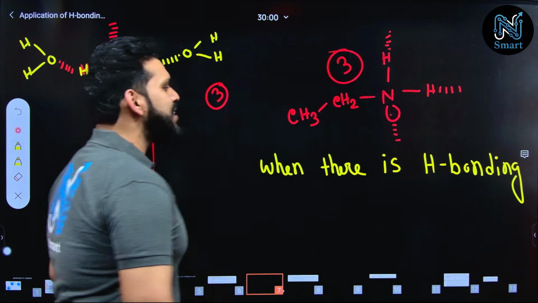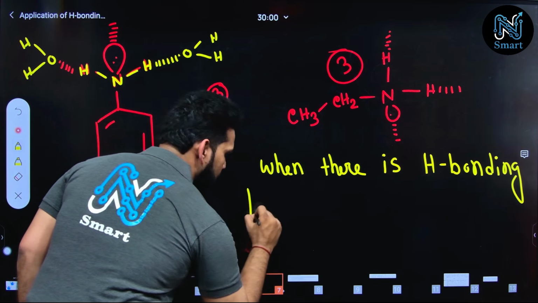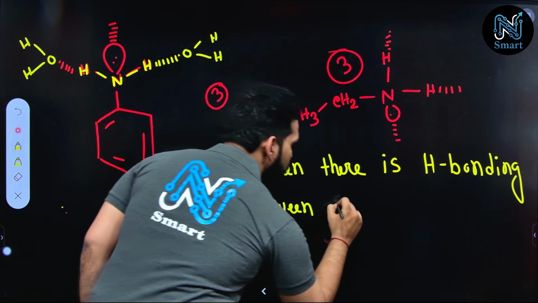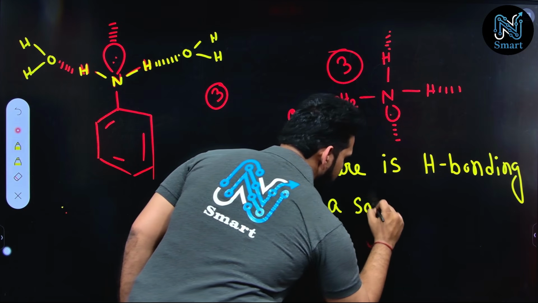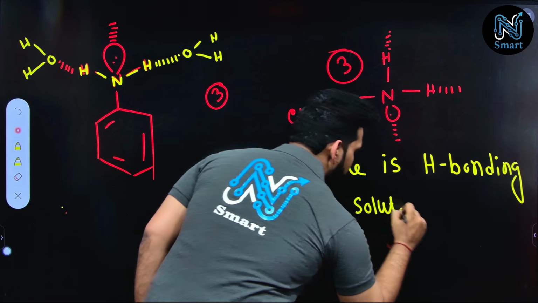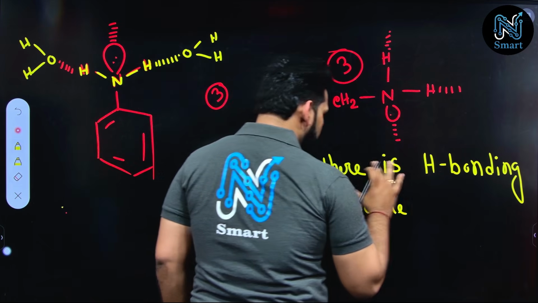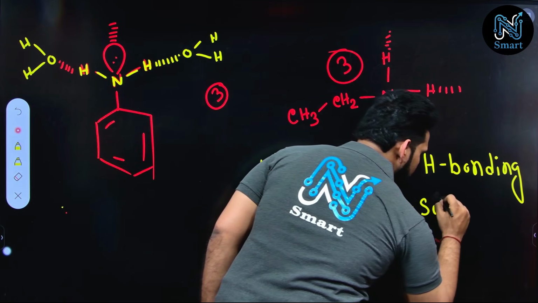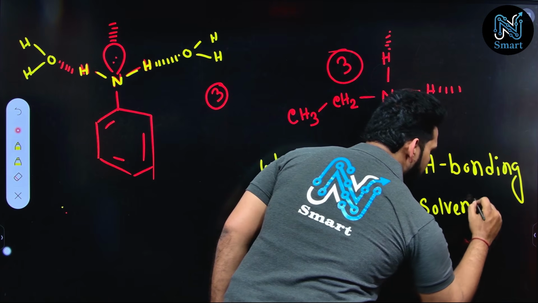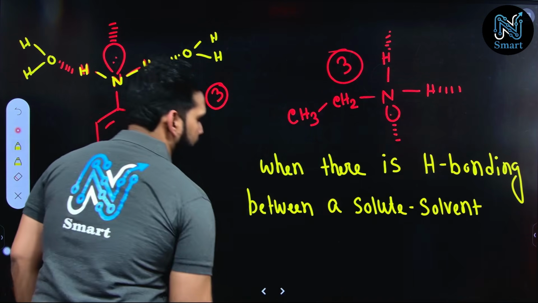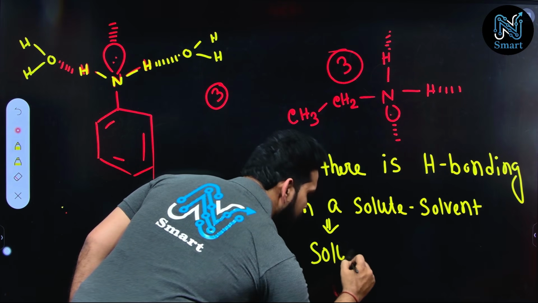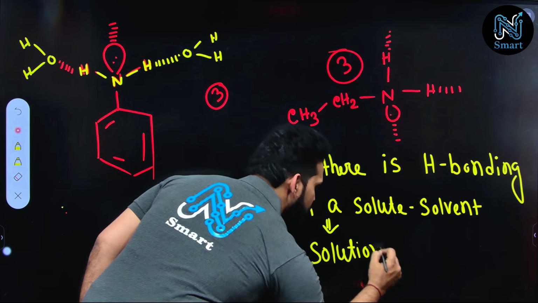When there is hydrogen bonding between a solute and a solvent, I hope we know what a solute is, I'm going to tell you anyway. If there is hydrogen bonding, then what is the verdict, guys? What is the result then? There will be a solution.